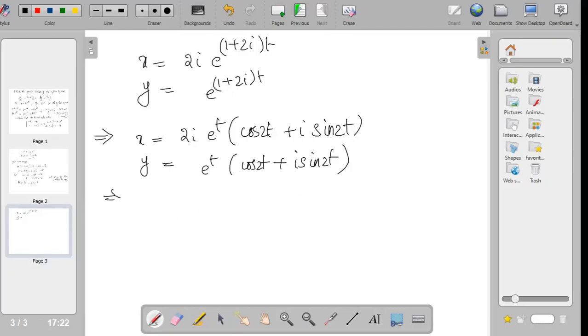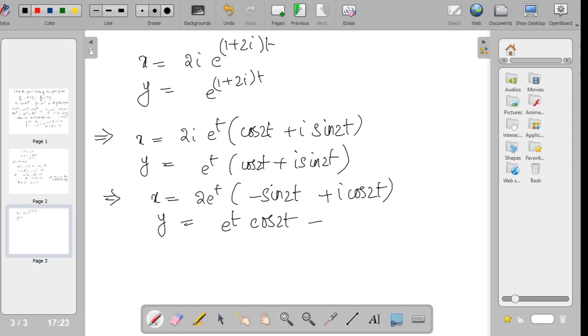So that implies x will be equal to 2 e^t(-sin 2t + i cos 2t), and y will be equal to e^t cos 2t + i e^t sin 2t.